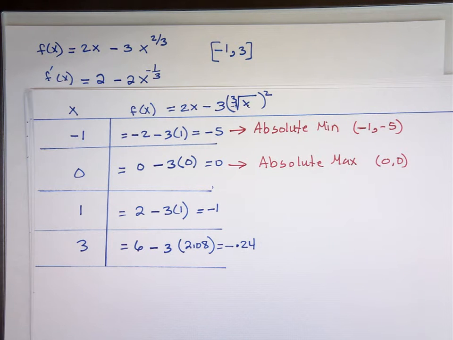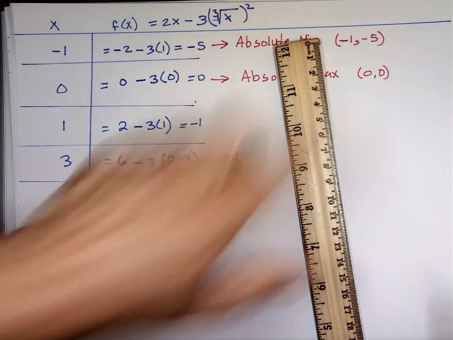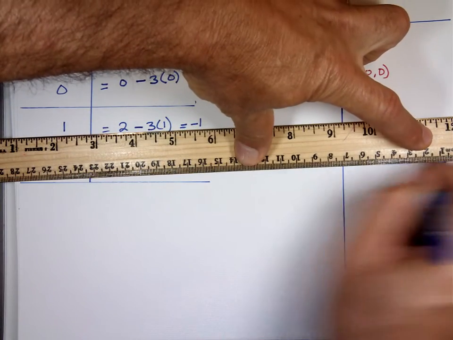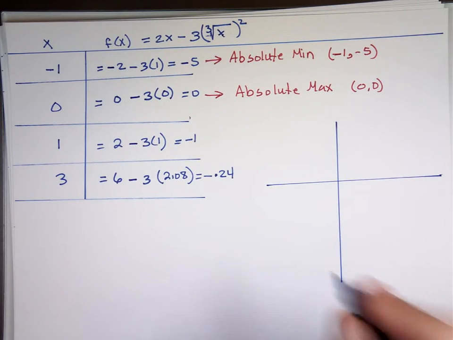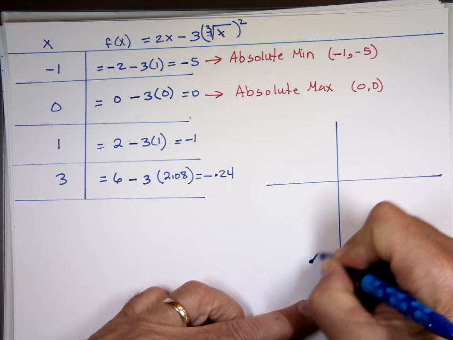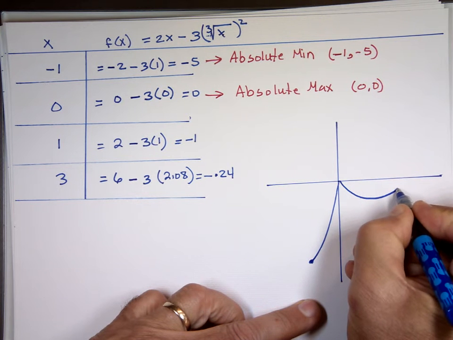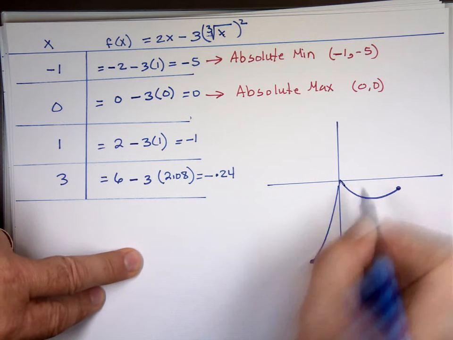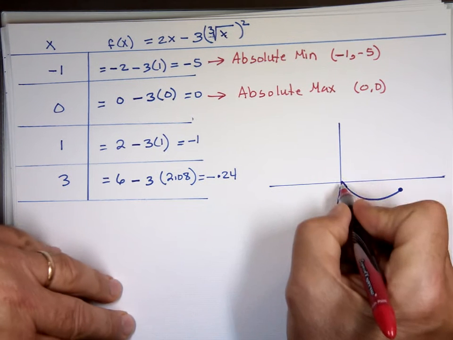If you graph that function on your calculator, this is what the graph looks like. You'll see they do match. It's a V shape, right at 0. This is the 0, 0, that's your absolute max.